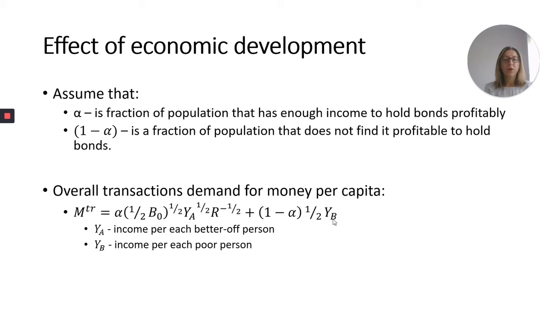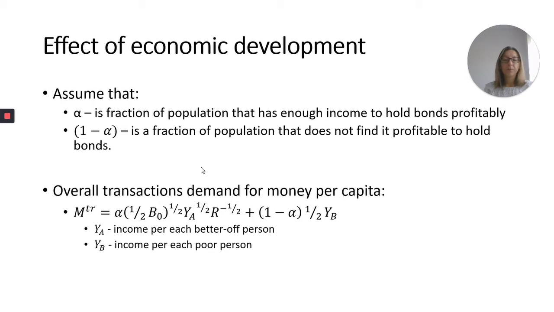As poor people don't find it profitable to buy any bonds, all their income, Y_B, is kept in cash. And as these better-off people buy bonds, their demand for money has more components: it has the interest rate, and it also has brokerage costs.